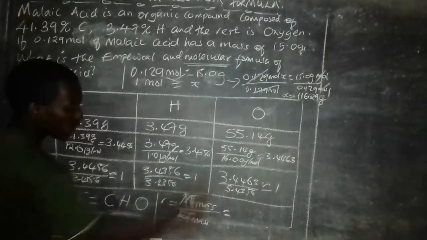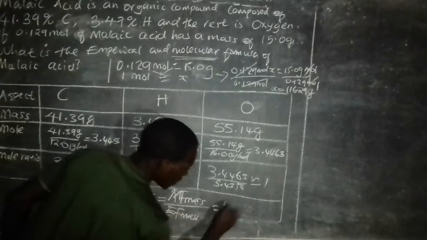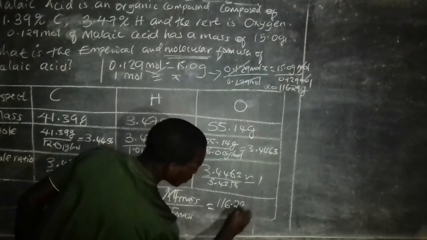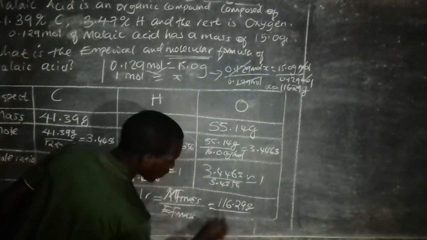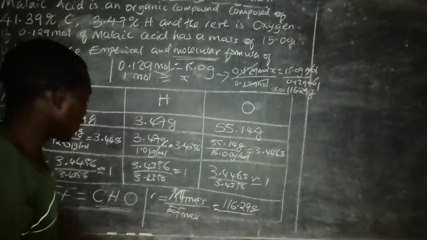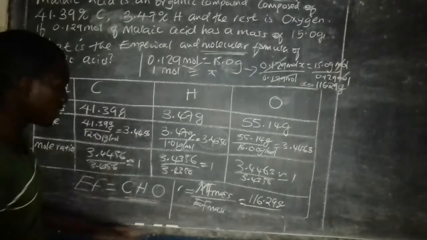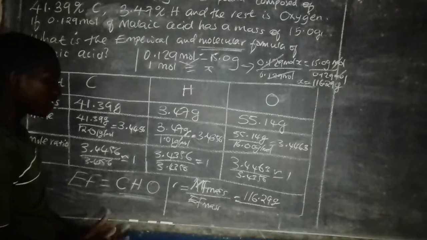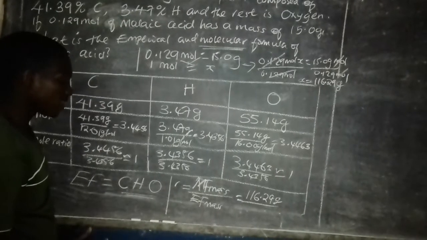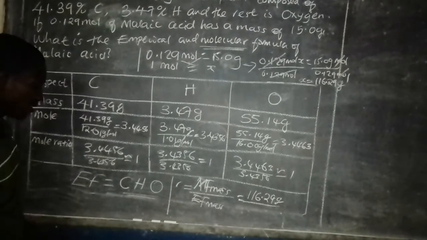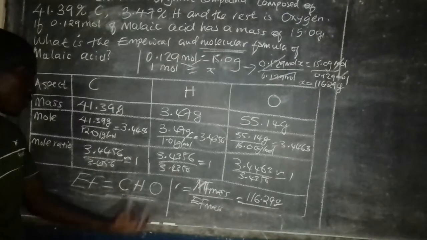And here the molecular formula mass for 1 mole is 116.29 grams over the empirical formula mass.